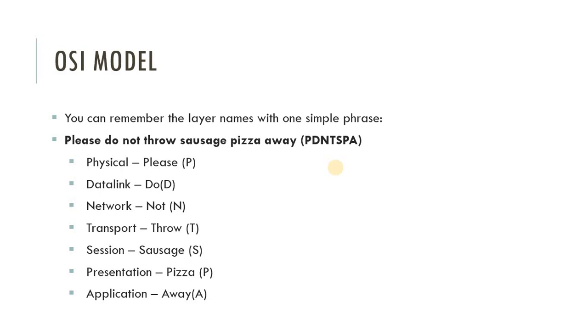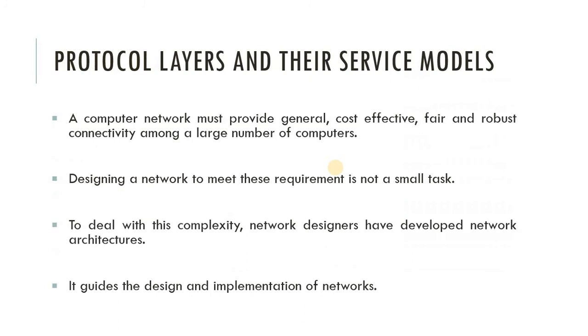So that is the introduction of the OSI model. Let's revise today's lecture. In this lecture we saw what protocol layers and their service model are. If you want to build a computer network, it is a very difficult task, so for that we have some reference models, and by using those models we can easily set up our networks.